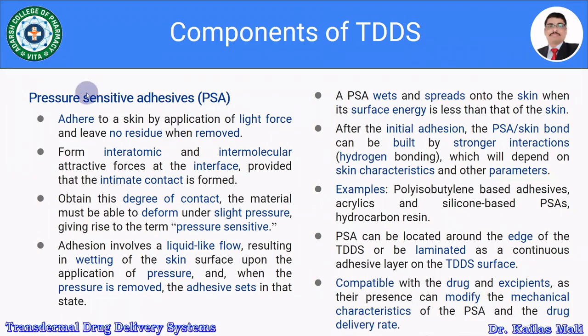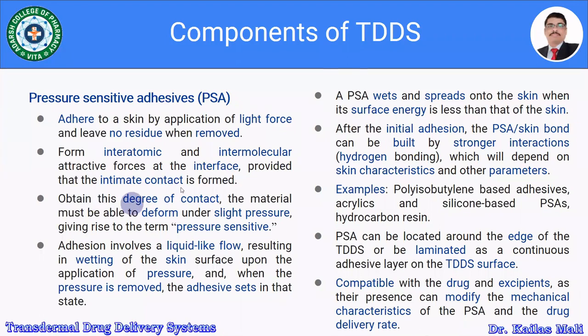Pressure sensitive adhesives adhere to the skin by application of a light force and leave no residue when we are removing the PSA. It forms interatomic and intermolecular attractive forces at the interface, provided that intimate contact is formed between the skin and the PSA.